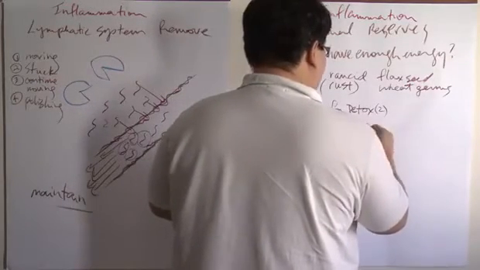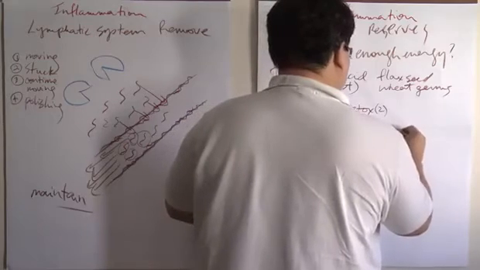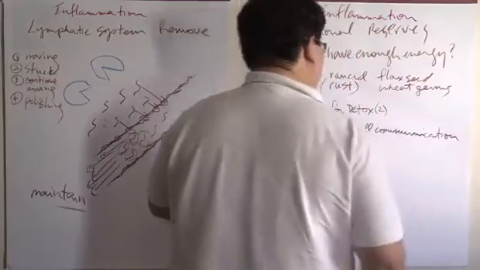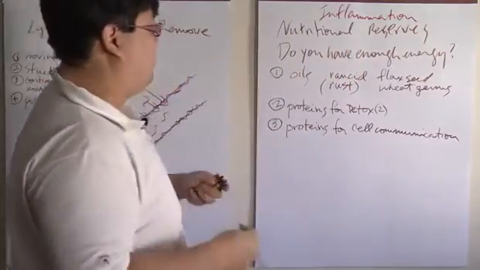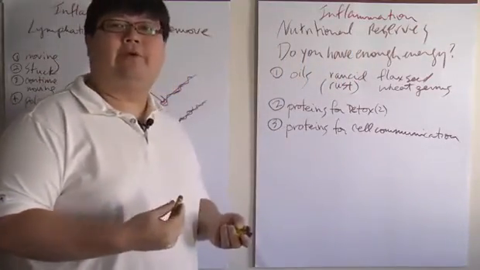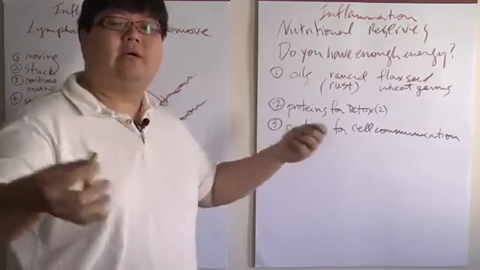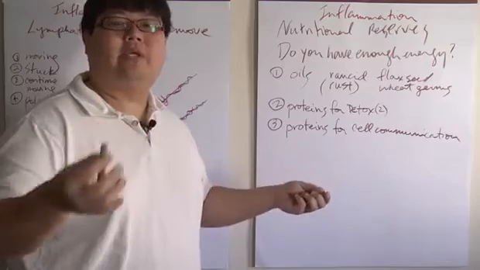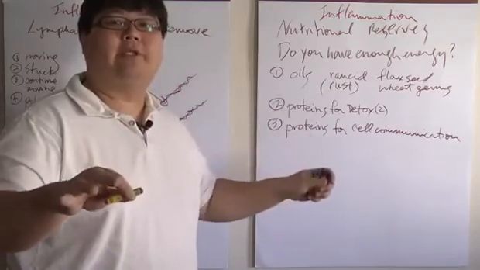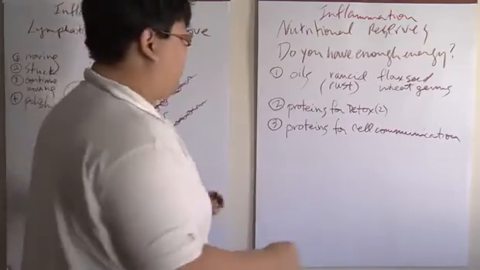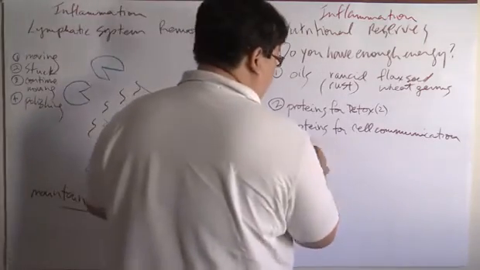For cell communication. Proteins for cell communication is very important because what we're looking at is these 2 neighboring cells. They're not used to working with each other again because there's so much inflammation, they stop working. They stop communicating. Now what we want them to do is start talking to each other.